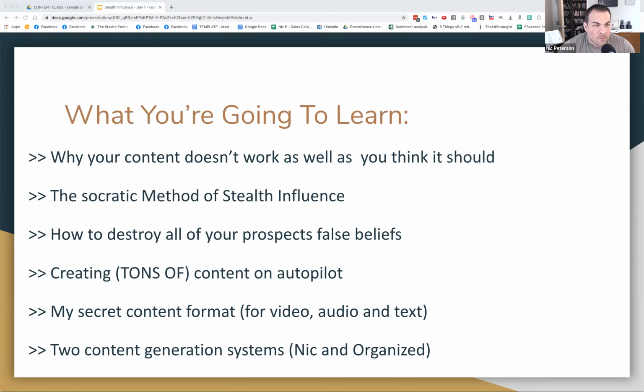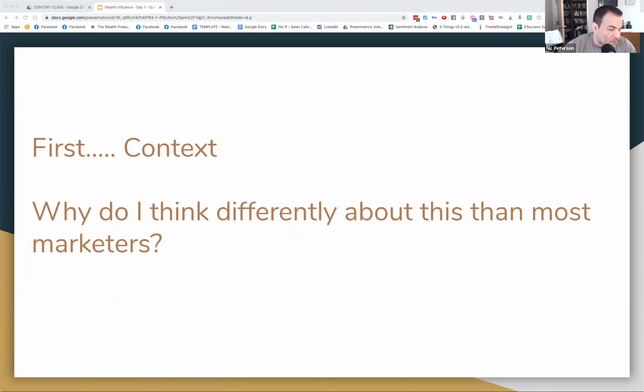First, context. Let me tell you how and why I think a little bit differently about this stuff than most people do. Most business owners are somewhere between marketers, salespeople, or technicians: doctors, lawyers, engineers.